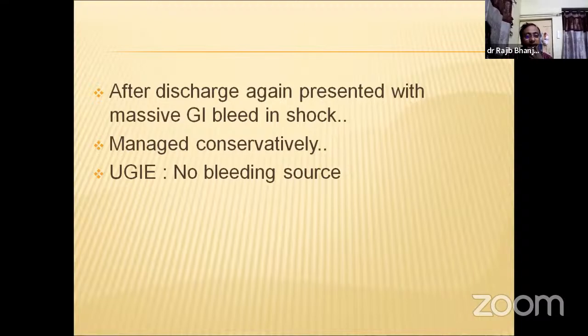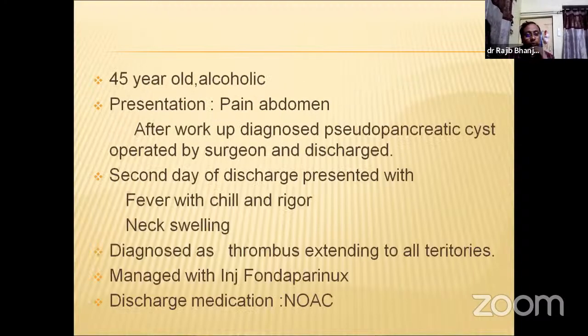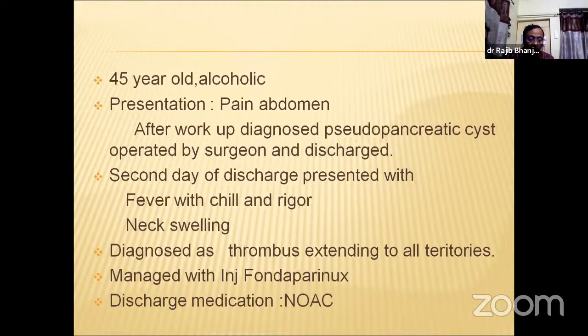They asked me what we should do, and the patient was an alcoholic. Since the surgery was done only 3-4 days ago, I thought we could keep him on Fondaparinux and antibiotics. The patient was discharged without fever and kept on a NOAC.